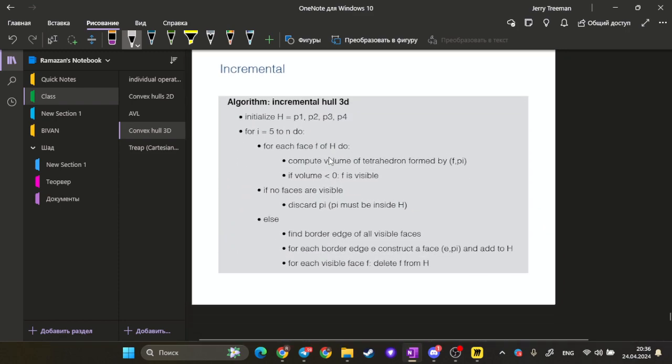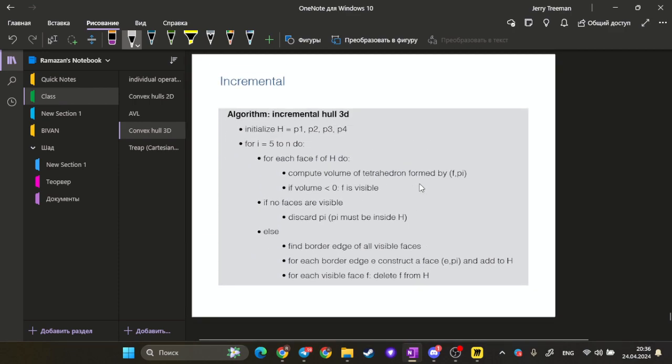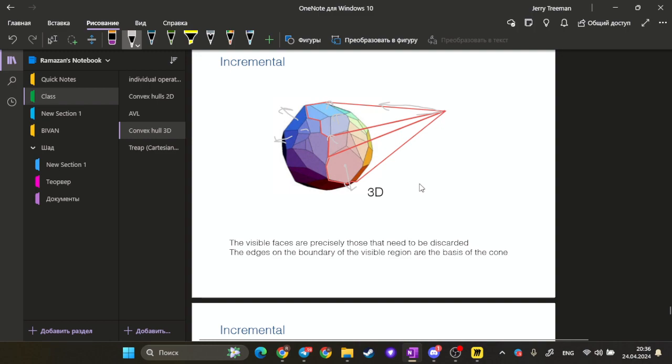Okay, maybe here. For each face, compute the volume of the tetrahedron. If the volume is less than null, f is visible. F is visible.